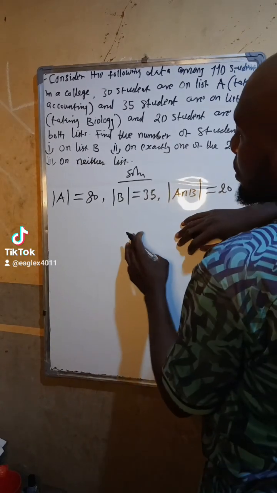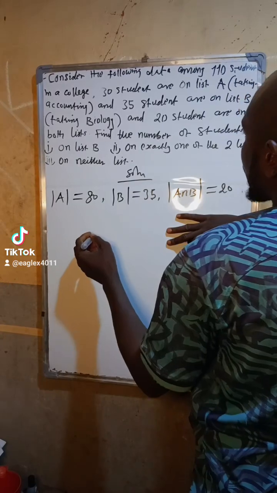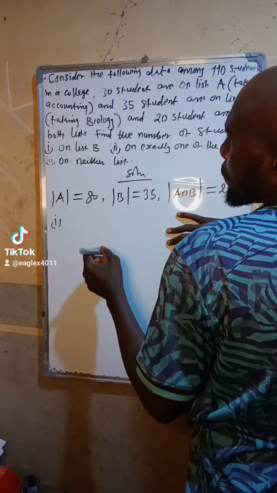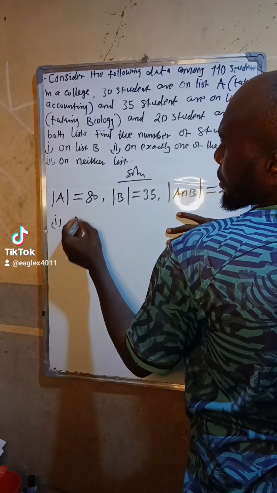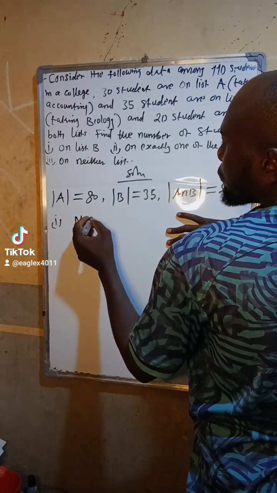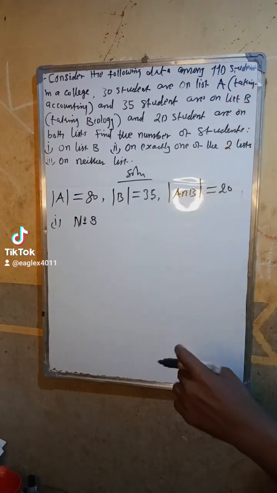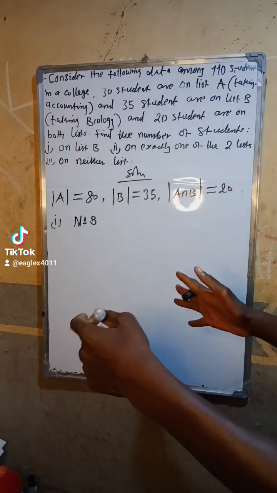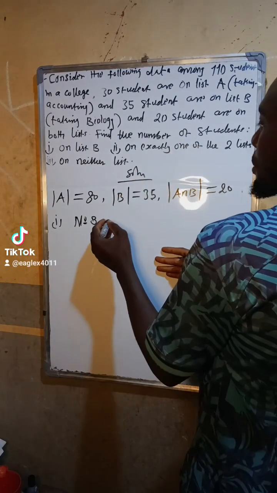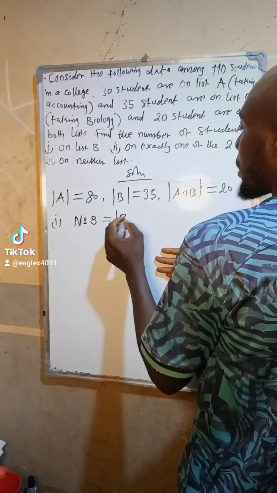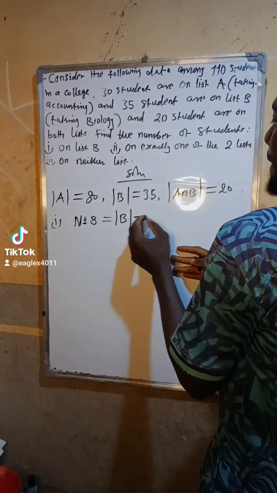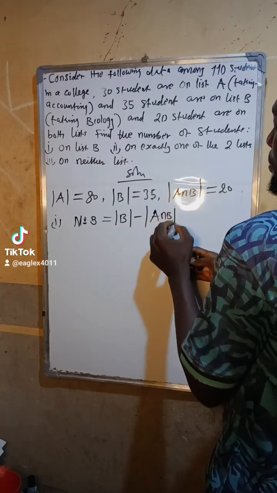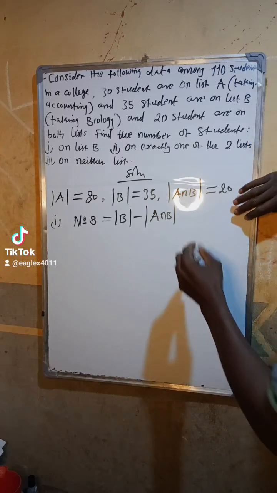Okay, from here you can see that we have this question. It says find the number of students on list B only, which means those that are studying only biology, not both. And this is the same thing as the number of students who are taking biology minus the intersection of the students that are taking both accounting and biology.